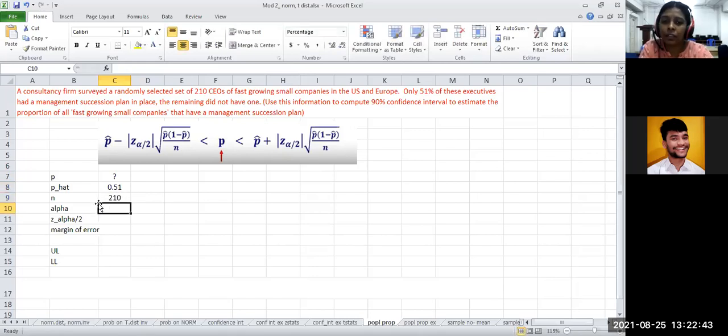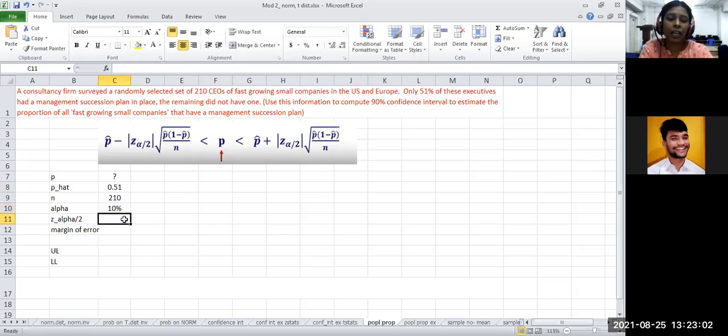What is your alpha value if it is a 90% confidence interval? 10%. So the remaining 10% is your alpha value, which is falling outside that confidence interval.